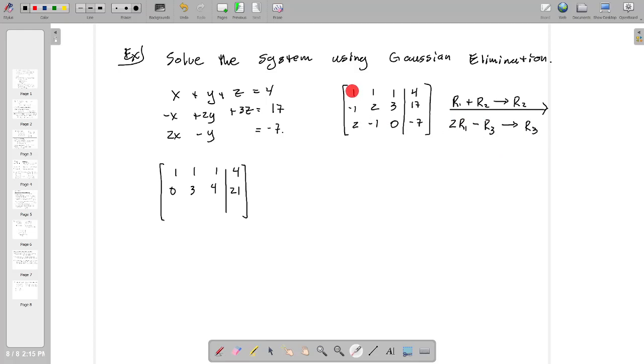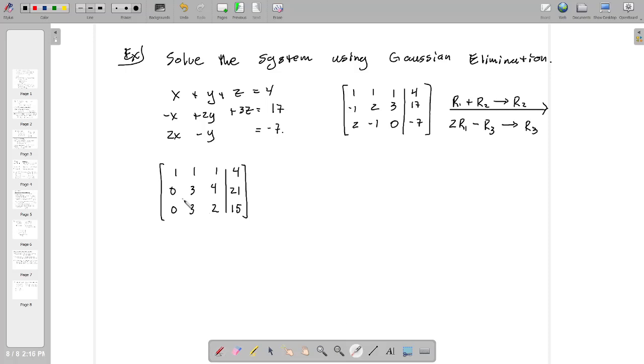So 2 times 1 is 2, minus 2 is 0. 2 times 1 is 2, minus a -1 is 3. 2 times 1 is 2, 2 minus 0 is 2. And 2 times 4 is 8, 8 minus a -7 is 15. We end up with this matrix here.